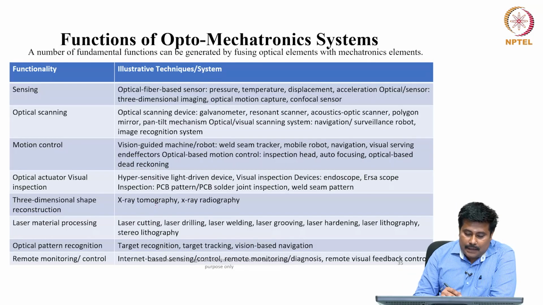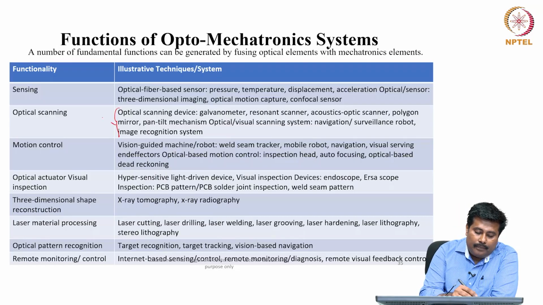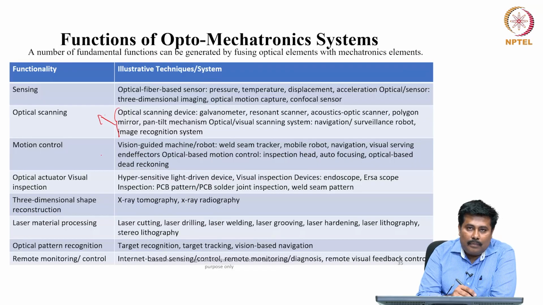As far as optical scanning is concerned, the optical scanning devices include a galvanometer, a resonance scanner, an acoustic optic scanner, a polygon mirror, a pan tilt mechanism, optical visual scanning systems, navigation and surveillance robots, and image recognition. These are some of the functionalities catered under optical scanning.